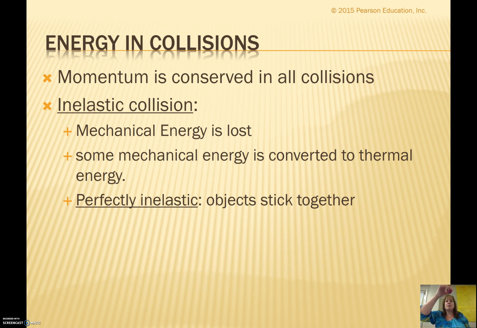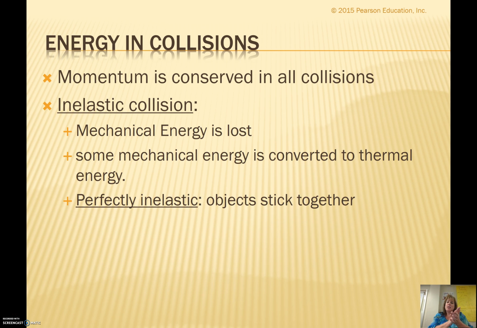Like if I bounce this ball, it will not come back to the same height I dropped it at, which means that when it struck the table, it must have lost some of its kinetic energy, or some of that mechanical energy, because not all the kinetic energy was able to be converted back into gravitational potential energy.